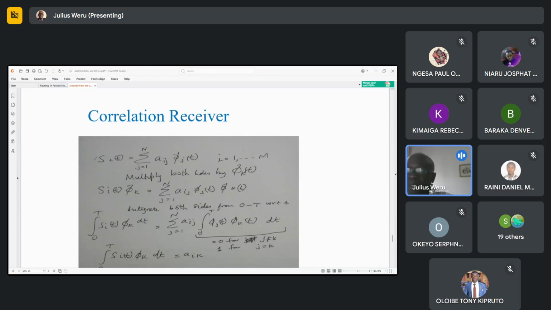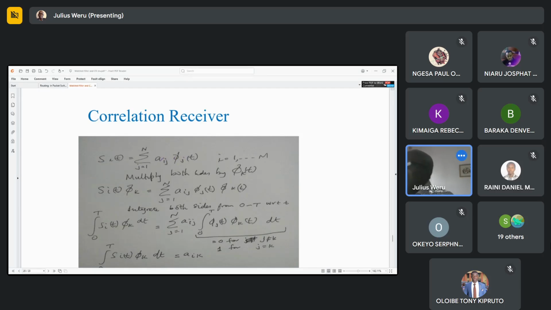So we know our signal Si(t) is simply a linear combination, the summation of j equals 1 to N of a_ij phi_j(t). This is simply saying that our signal is just a linear combination of these, scaled, because this is the signal we wanted to send, and we multiply by this.